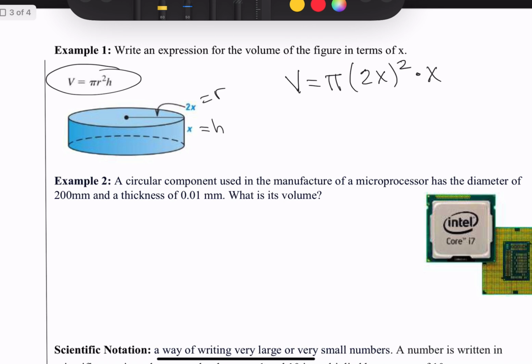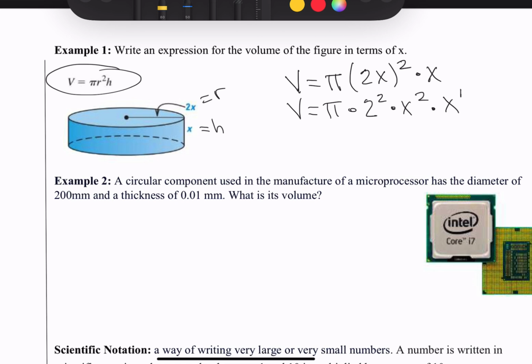So the 2 will be squared, and so will the x. So we'll rewrite this as volume equals pi times, now 2 gets squared, and so does that x, and then I still have another x out there. Now this last x does not have a power, which means that it is to the first power.